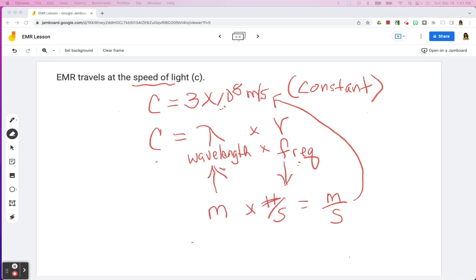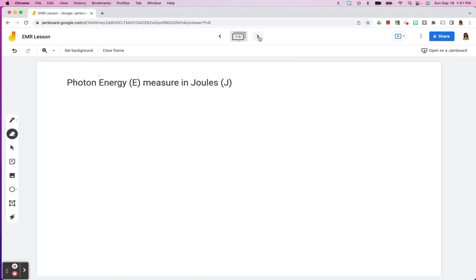There is another equation that we have to know for electromagnetic radiation, and that's the photon energy equation. The symbol for photon energy is E. It is measured in the units of joules. Energy can be measured in joules or calories, but we're going to just focus on joules.